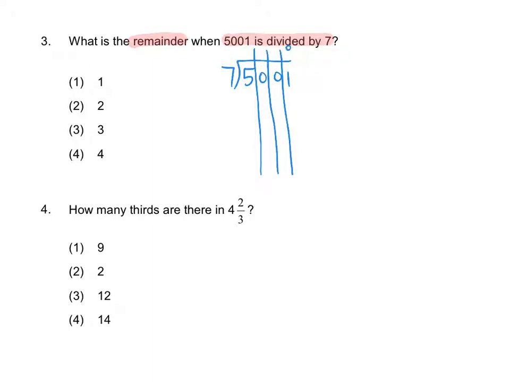You have the ones place, tens place, hundreds place, and the thousands place. List out the 7 times table, which is 7, 14, 21, 28, 35, 42, 49, 56, 63, and 70.